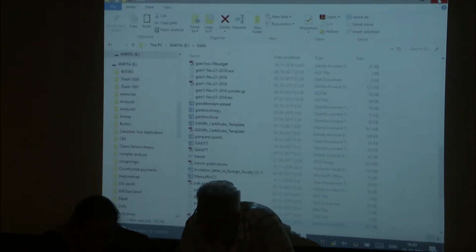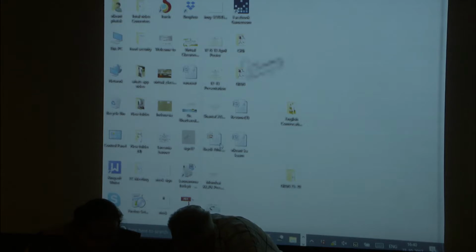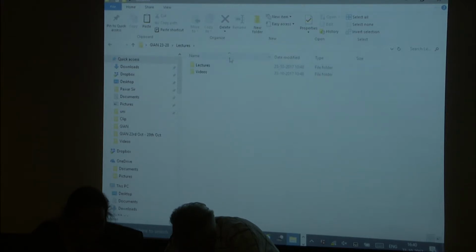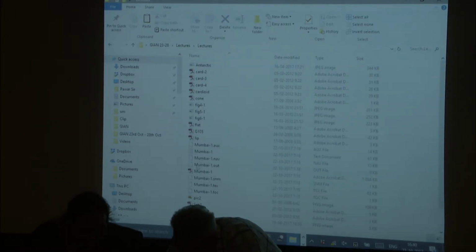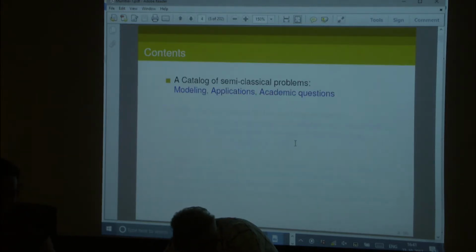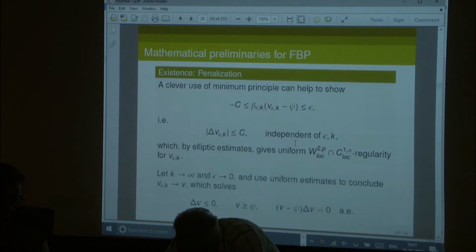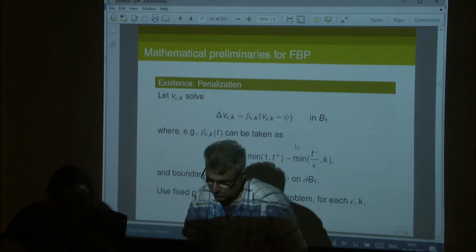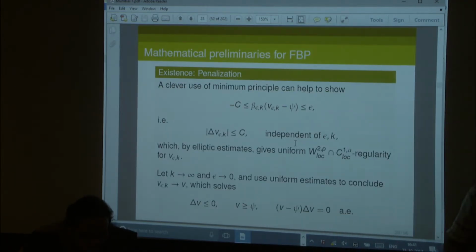Close this one. Not this one. Which one do you want? Yes, elliptic. Yeah.